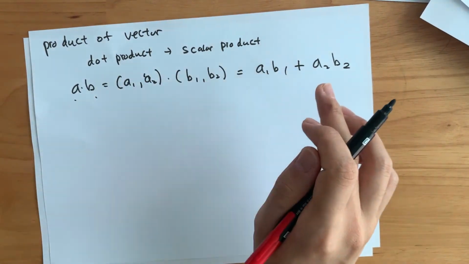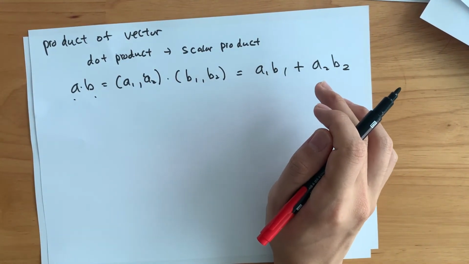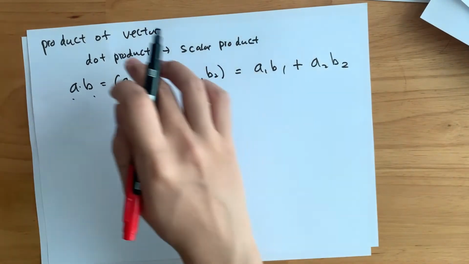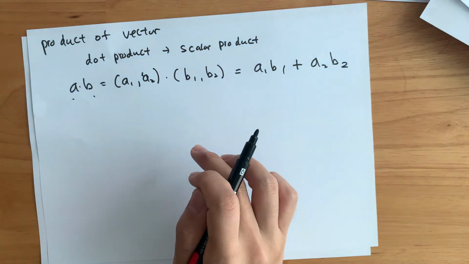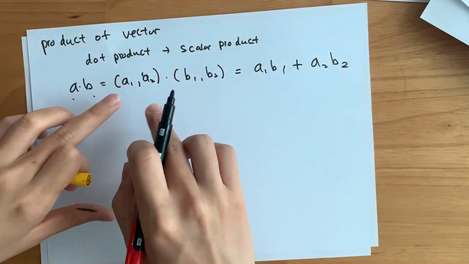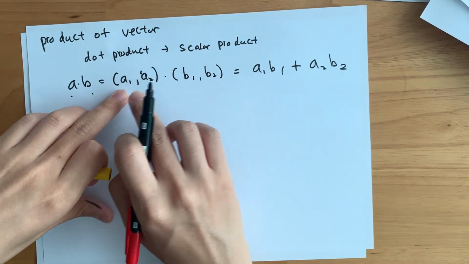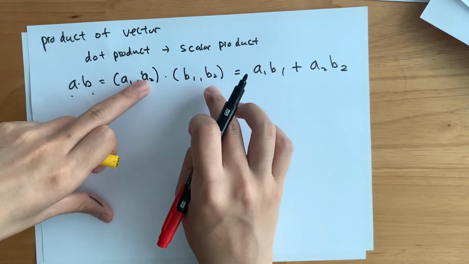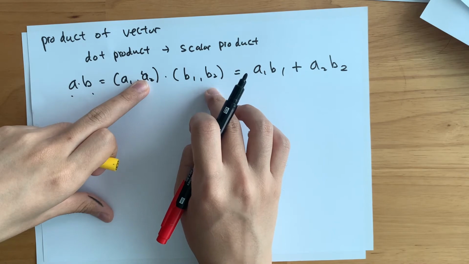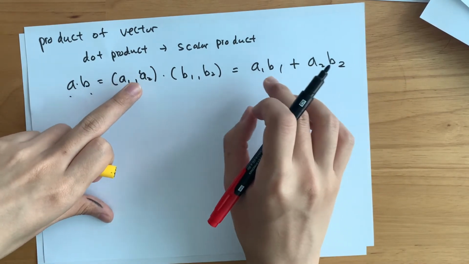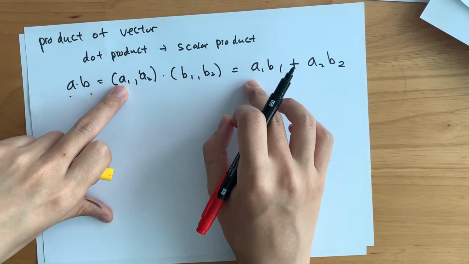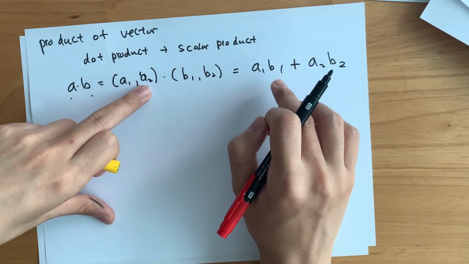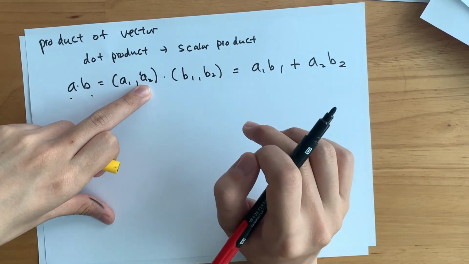It's just a scalar product of these two vectors. You multiply the x coordinates of the two vectors and add that to the product of the y coordinates.